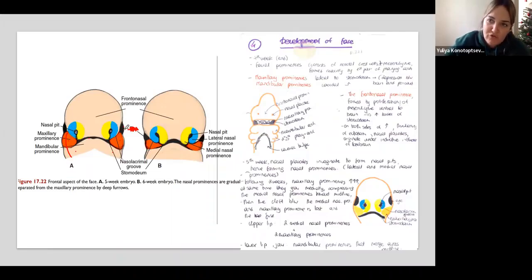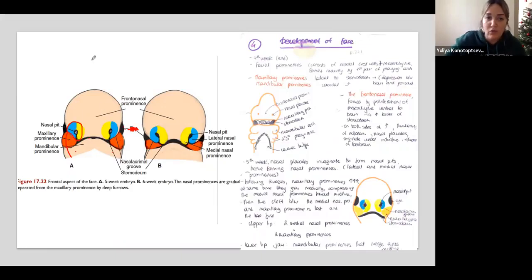But we're more interested this semester in the nasal placodes, and there are two of them. This whole thing is one nasal placode, and there's another one on the side.